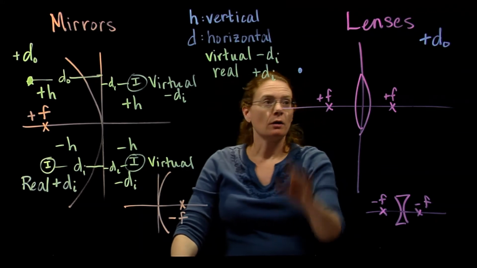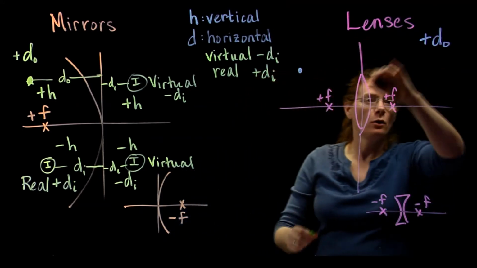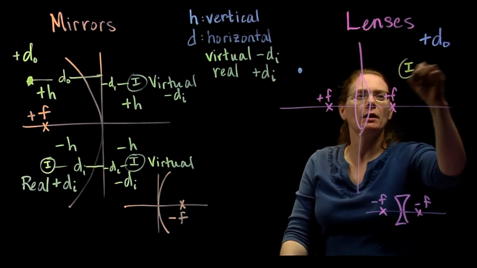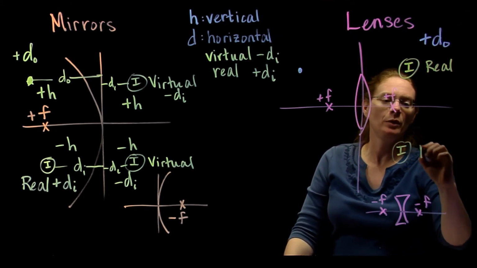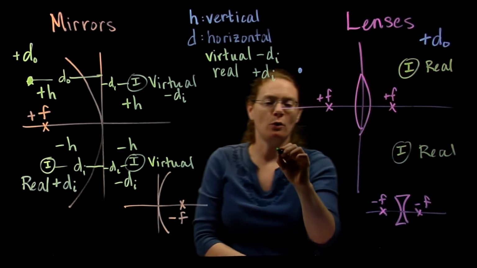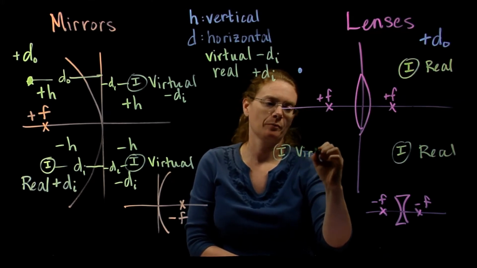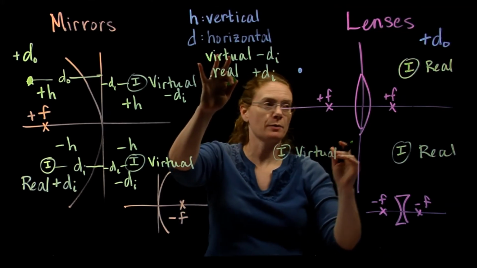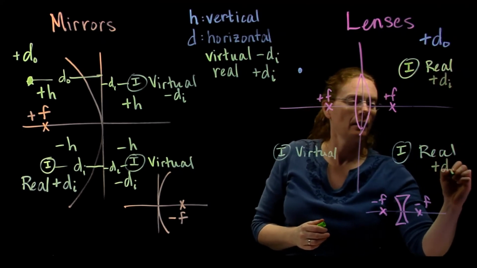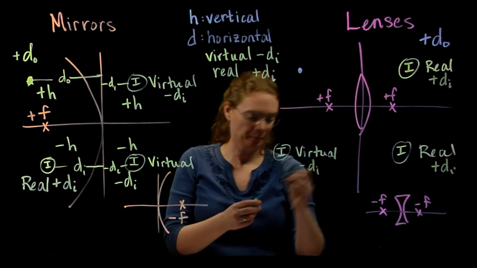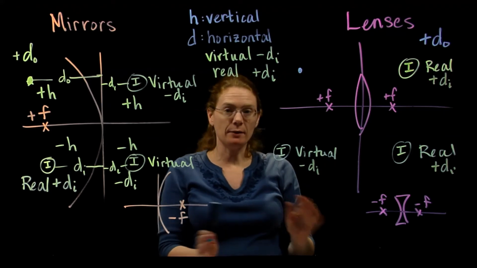So for the lenses over here, if we had an image here, it would be real. Image here would be real. Image over here, virtual. And then same rule as before. Real has a positive DI and virtual has a negative DI. Heights, we have the same exact thing.